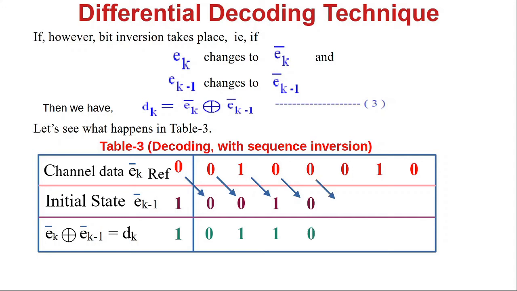For this initial state is again 0, dk will be 0. Here the initial state is 0, so dk will be 1, and here the initial state will be 1 and dk will be 1.